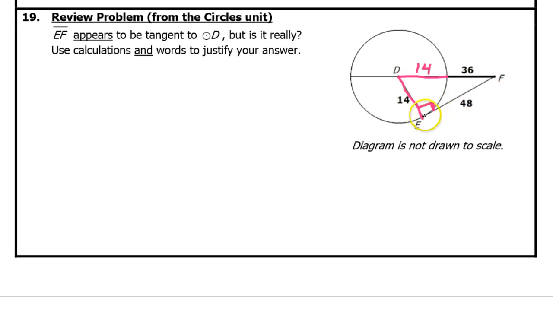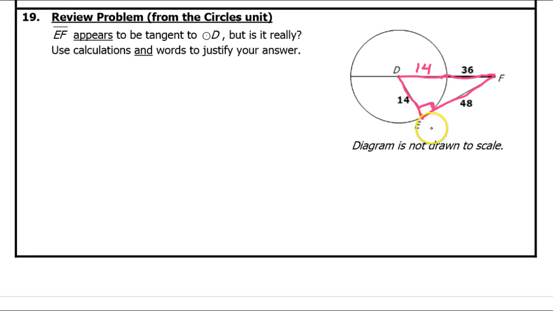So that means this triangle that I'm marking in red should be a right triangle. So let's use the Pythagorean theorem to verify whether or not this is a right triangle. If it is a right triangle, then EF really is a tangent, and we just proved it. If this is not a right triangle, then EF is not a tangent, and we've just proven that.